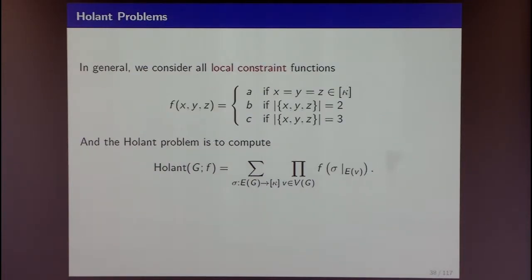Okay, so in this particular case that we are going to prove, in which this edge coloring is included, is the following function, where if they're all the same, I give you value A. If 2 are the same, 1 is different, I give you value B. And if they're all distinct, I give you C. So it's described by 3 complex numbers. Now you may wonder, why do I even go to complex?